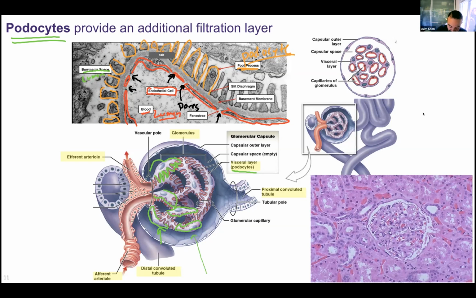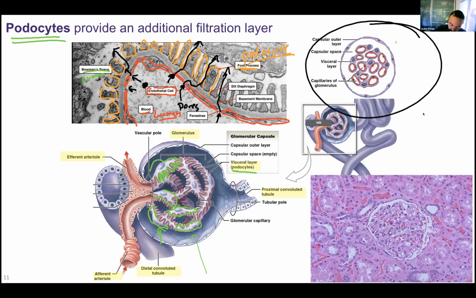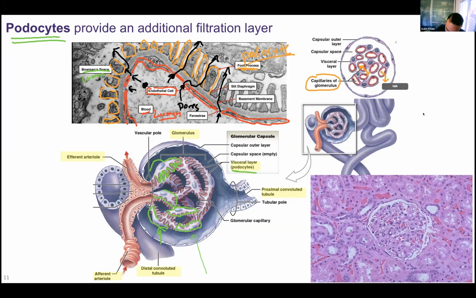So if filtrate is to leave the blood, it needs to go past those pores, then past those foot processes of the podocytes. It needs to get through here like in a Plinko game, if you know what Plinko is. In this illustration over here, top right, if something's inside the capillaries of the glomerulus, it needs to exit past the podocytes into the Bowman's capsule.